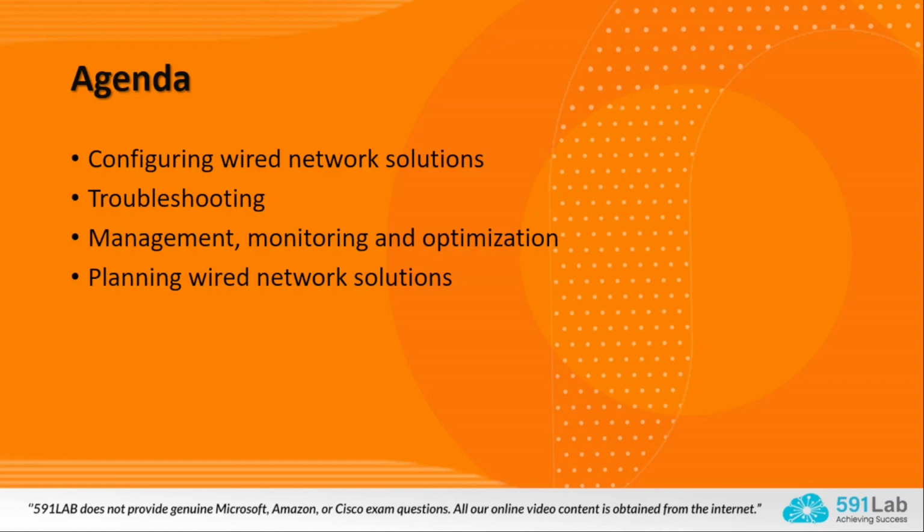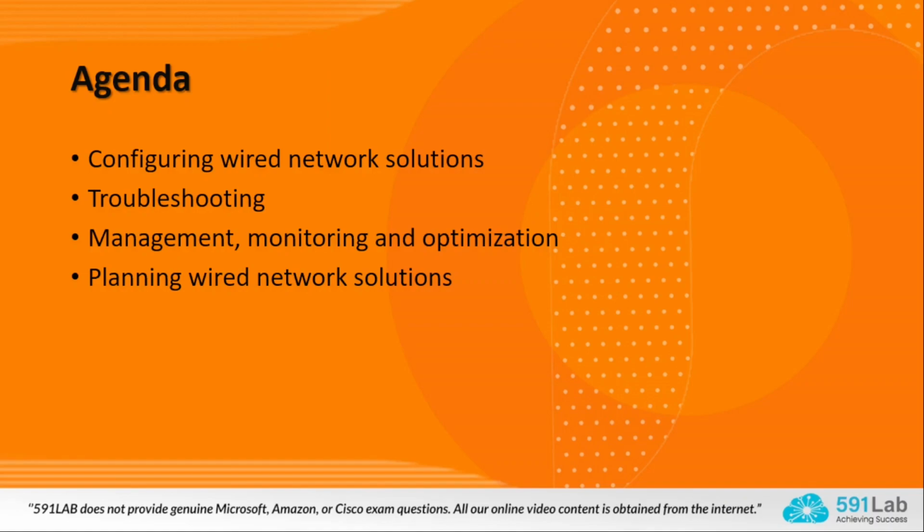Under configuring wired solutions, topics related to configuration of layer 2 and layer 3 functions and features related to security, QoS, and how to build configuration based on customer requirement are included. Then troubleshooting includes how to identify a network failure, how to determine implications on network state due to the remediation actions taken, and how to determine the cause of performance problems.